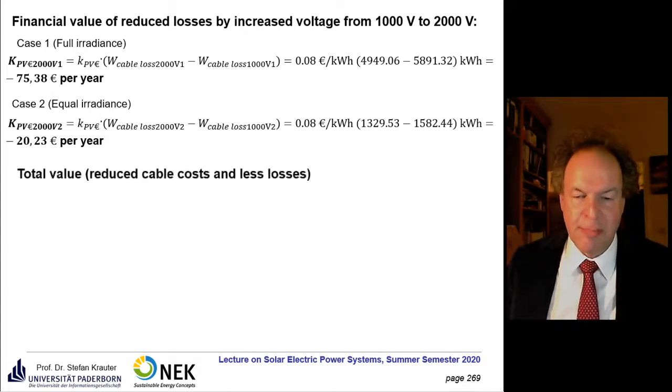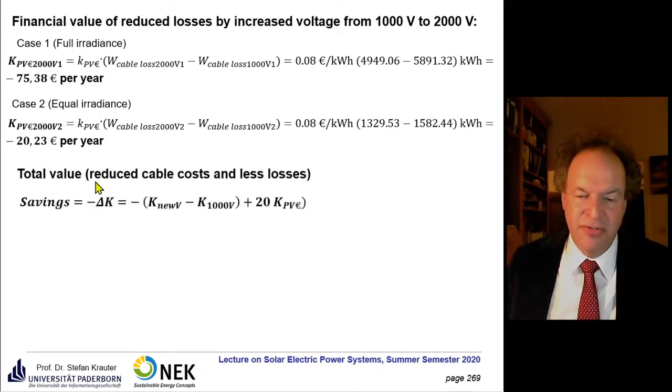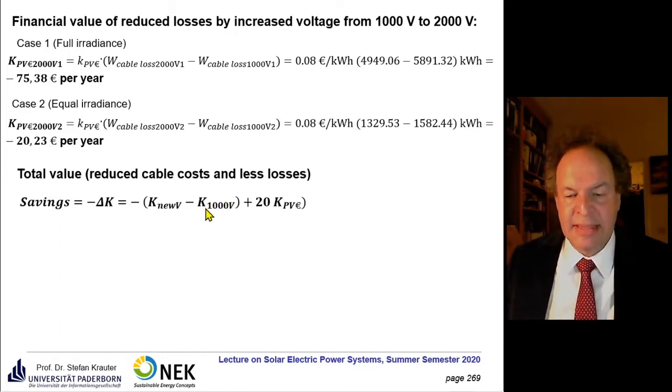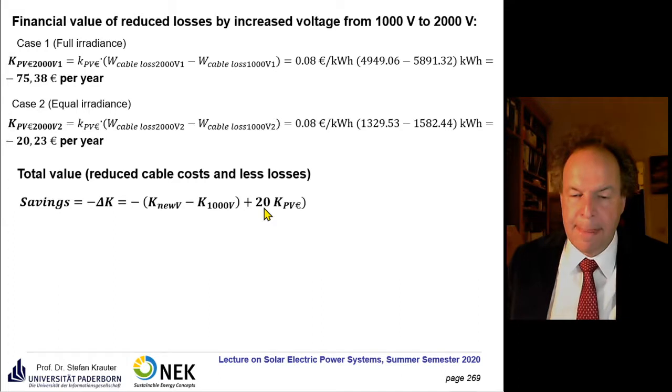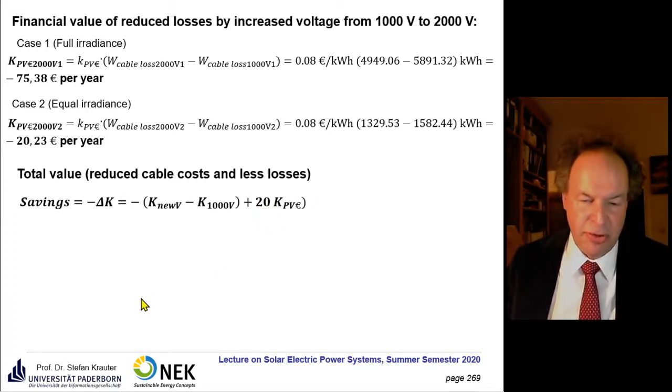So let's put all these numbers together, the total value. So we have here the savings as a negative cost difference, and that is the cost of the increased voltage minus the cost of the standard 1000 volt option, plus the cost of the 20 years of savings, also negative costs.